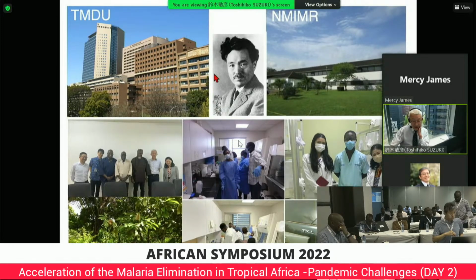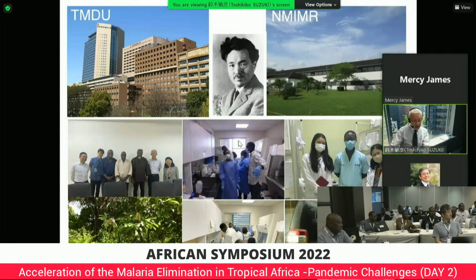In commemoration of Dr. Noguchi's achievements, the Japanese government constructed the Noguchi Institute in 1979 as a symbolic research facility for medical support of Africa. By continuing collaboration studies with the scientists of the Noguchi Institute, we hope we can contribute to the prevention of infectious diseases and public health in West African countries as well as Ghana.